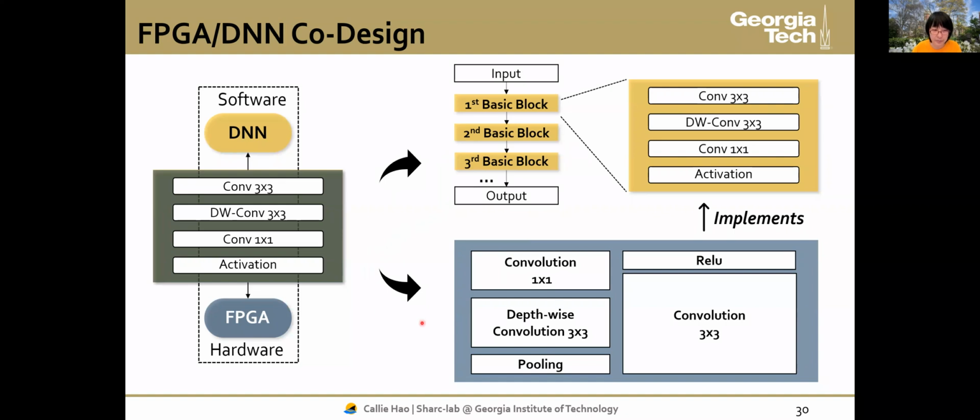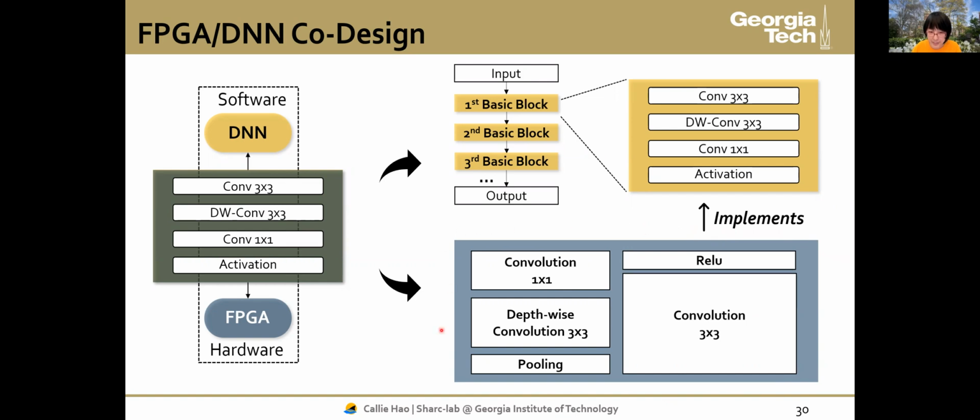Well, the answer is also simple, because we already know the architecture of the basic building block. We can come up with this accelerator that has instances for each layer, right? We have conv 3x3, we have a PE for that. We have conv 1x1, we have a PE for that. So this is the FPGA architecture. This is the FPGA implementation.